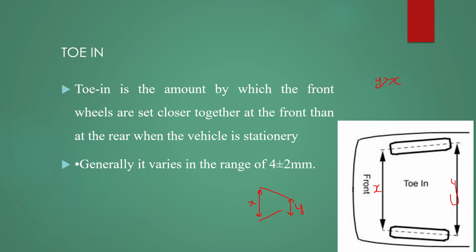So in toe-out, x is greater than y. This value generally ranges around 4 plus or minus 2 mm. So that is about toe-in, toe-out, caster angle and camber angle.